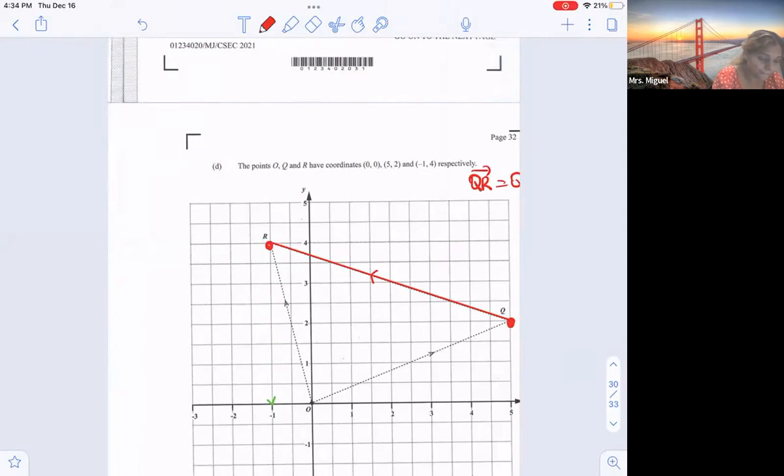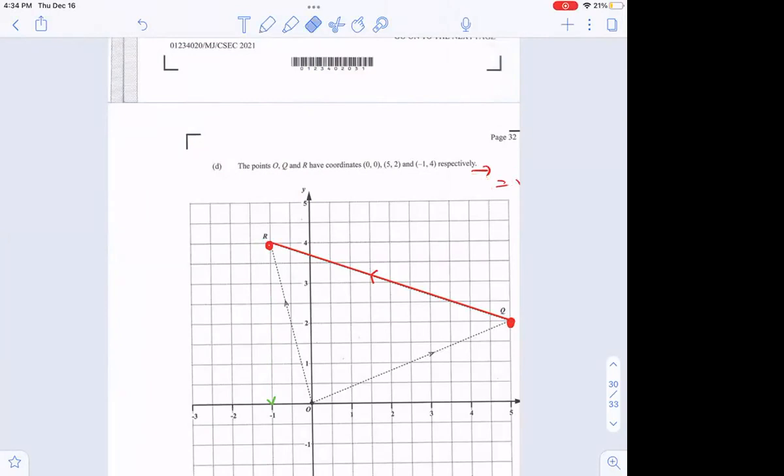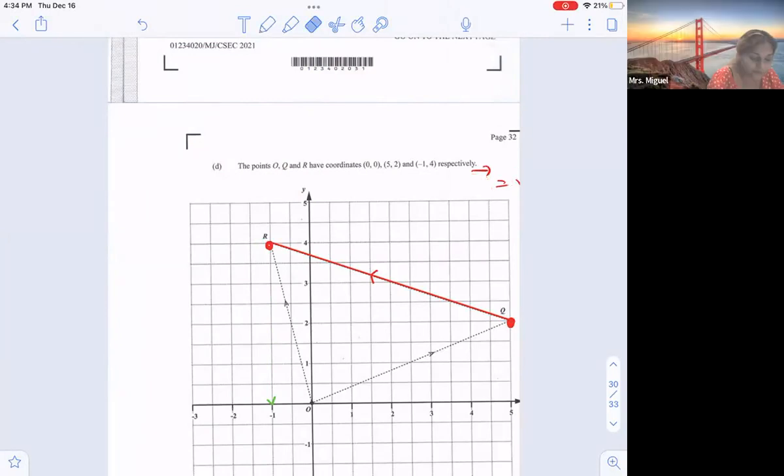What are the vectors in terms of O? If I start at Q, where must I pass to reach R? Which route must I take to reach R?